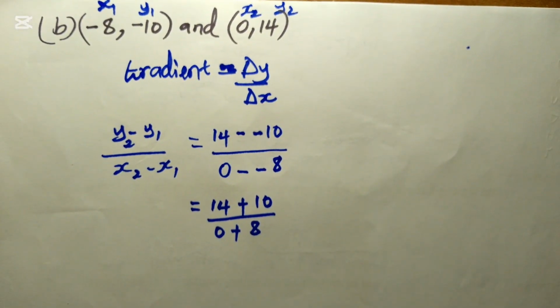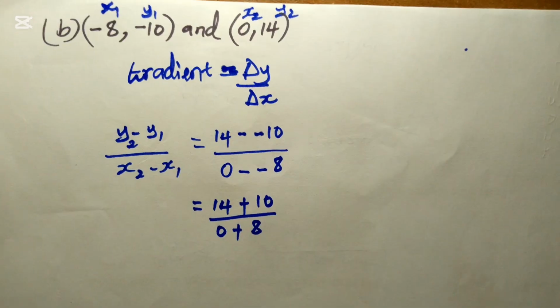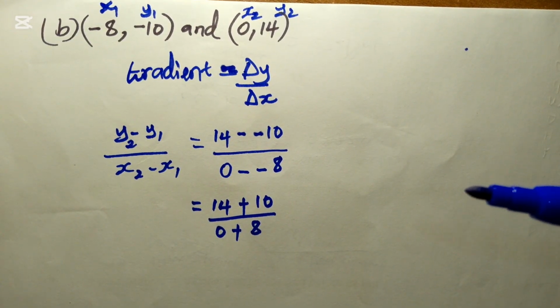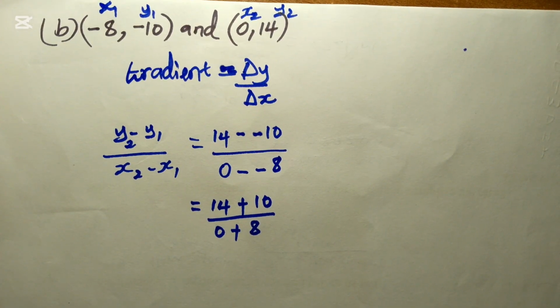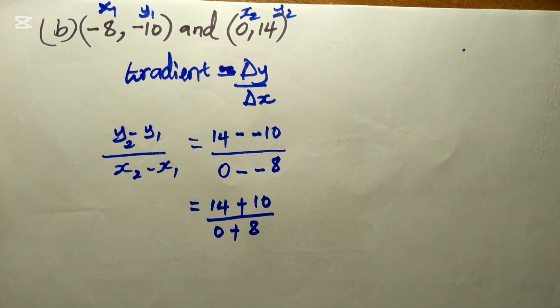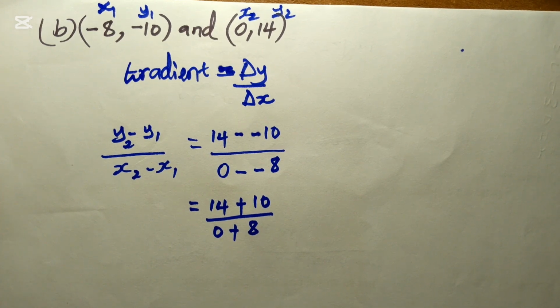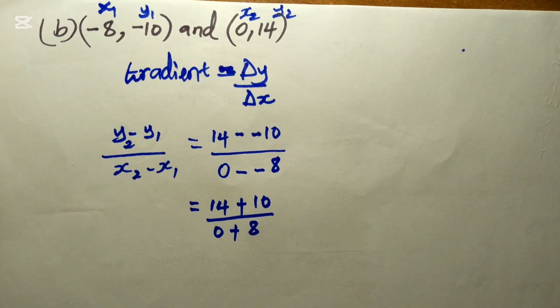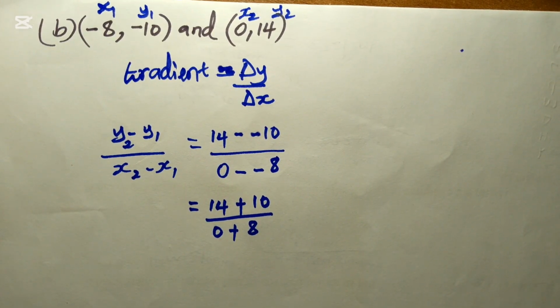Many students make mistakes when they encounter questions with two negative signs following each other. They tend to ignore one negative, and then they end up getting it wrong. So be very keen when you are dealing with negatives in mathematics, because most examiners are trying to test whether you can obey the rule of signs.